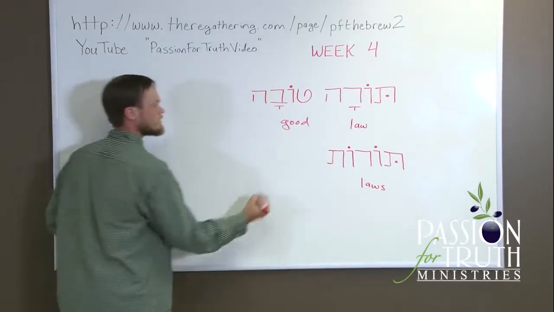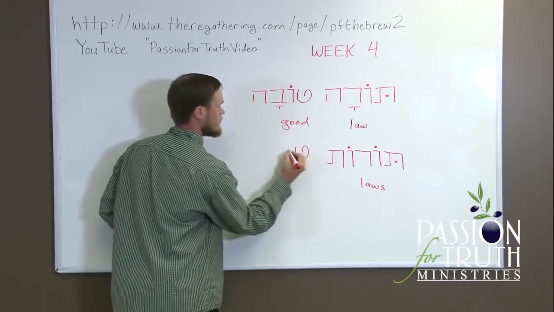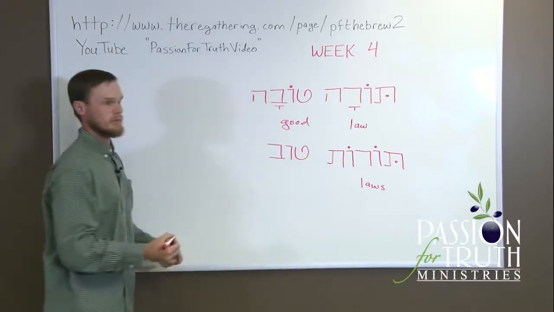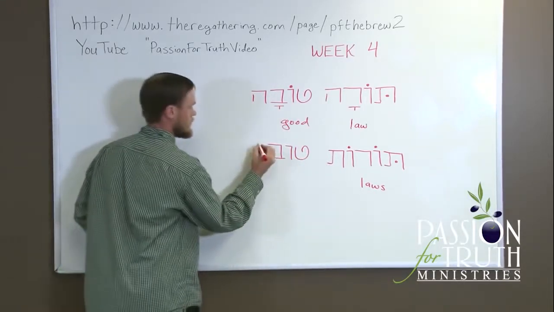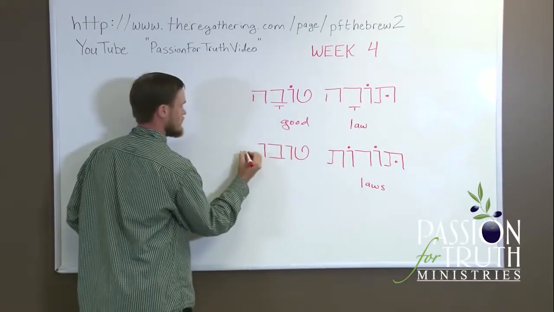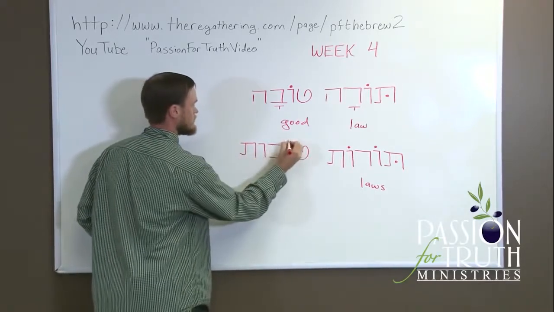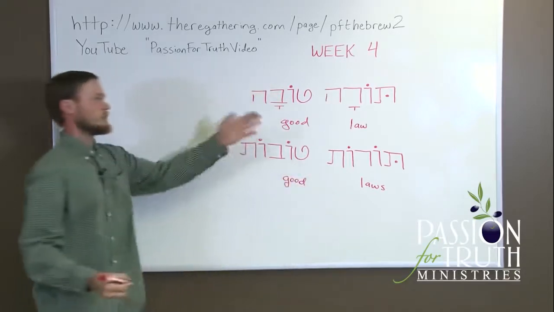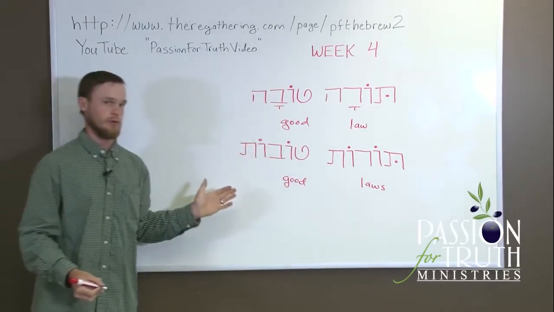Okay, good laws. We'll add the feminine plural ending to tov. So Torot, tovot. Torah tova, Torot tovot.